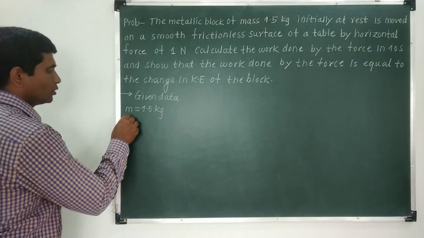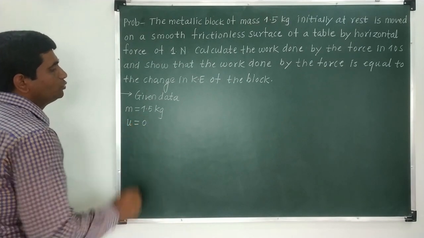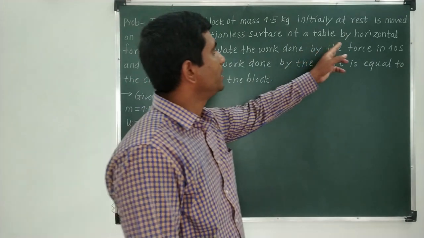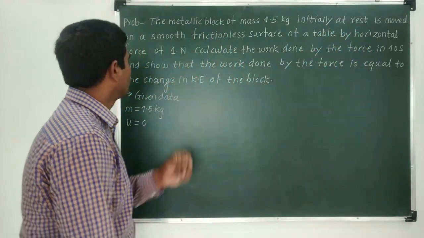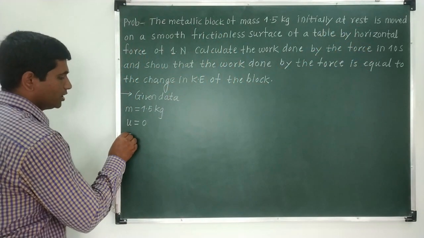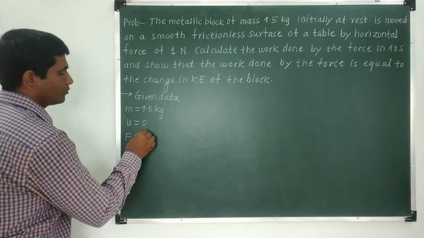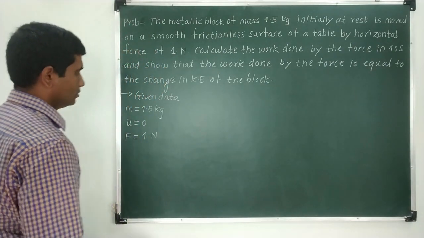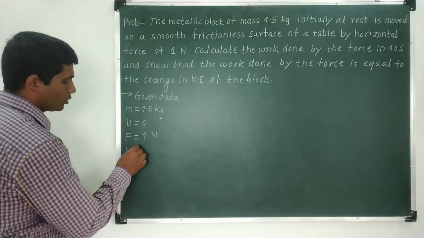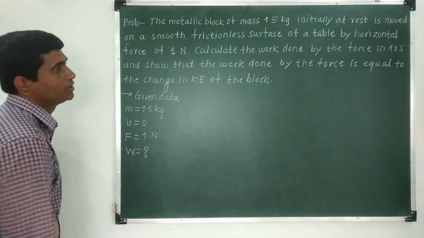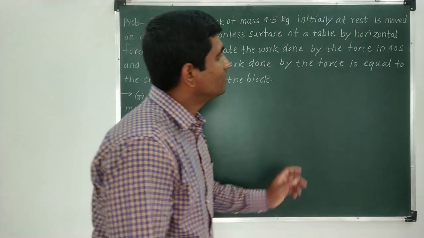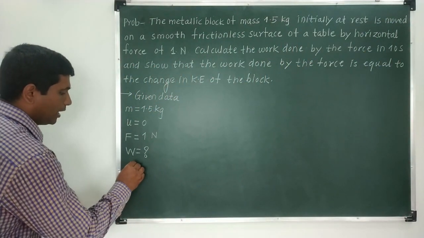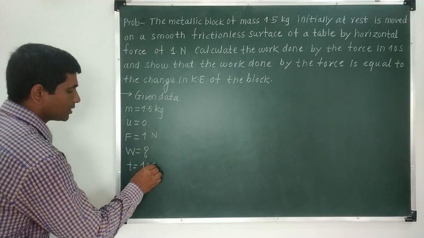Initially at rest, so initial velocity u is equal to 0, on a smooth frictionless surface of a table by a horizontal force of 1 Newton. So the force acting on the block is 1 Newton. Calculate the work done, so W is equal to question mark, by the force in 10 seconds. So we have to calculate this work done after a time of 10 seconds.